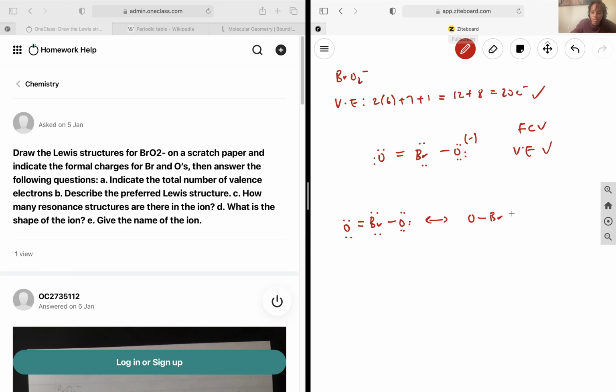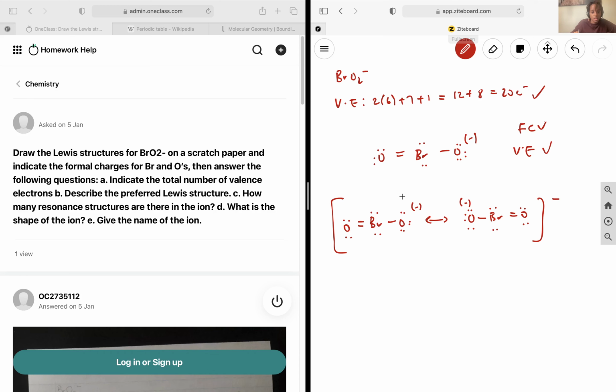Or this. So the minus can be here, or the minus can be here. Our 2 resonance structures.